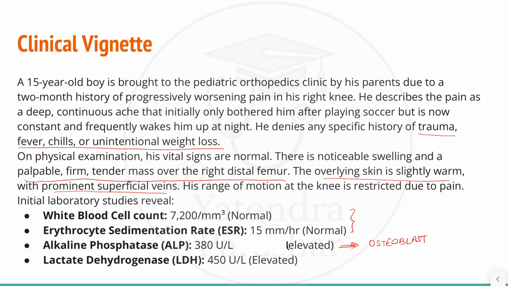So any lesion which can cause activation of osteoblasts or formation of new bone will lead to an increase in alkaline phosphatase levels. Another marker is LDH, which is a non-specific tumor marker commonly elevated in conditions like malignancies including osteosarcoma, lymphomas, and leukemias. It is just a marker of high cell turnover, so it is also a non-specific marker of osteosarcoma.